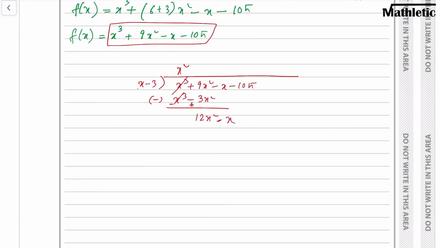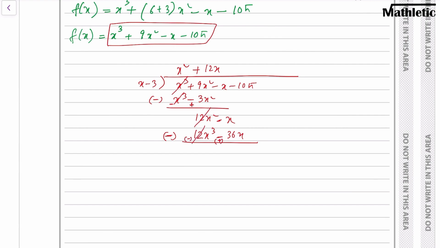Next, you need to multiply 12x with this one to get 12x squared. So I will select 12x here, and then 12x will be multiplied with both of these terms. So 12x squared and then 3 into 12, minus 36x. A negative sign will change the sign here, so this will be positive.